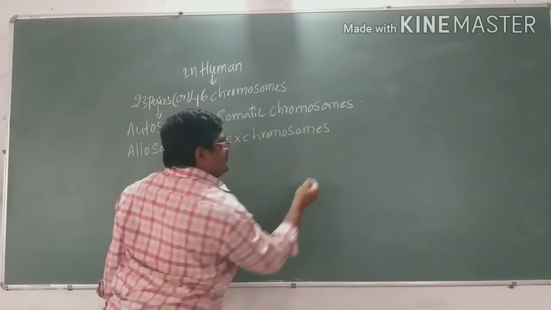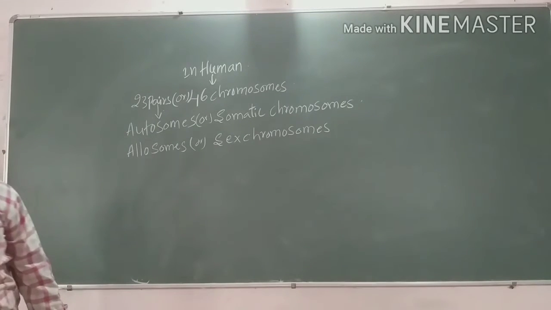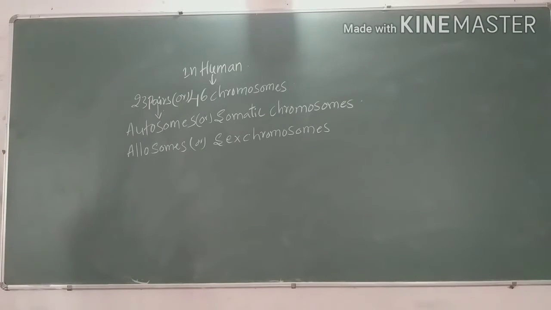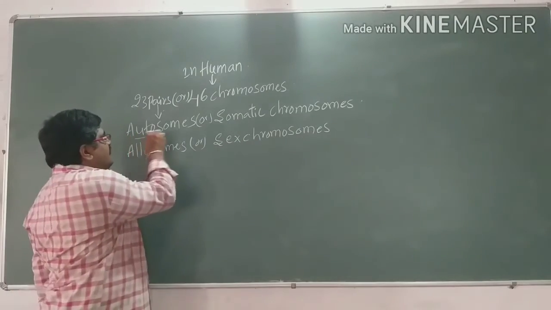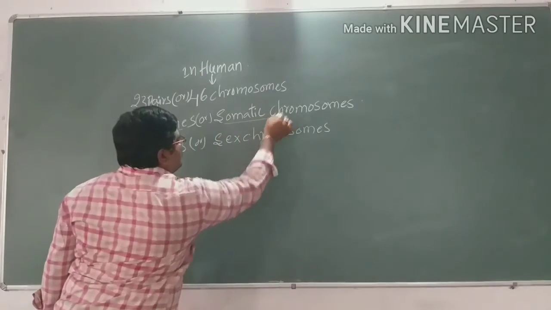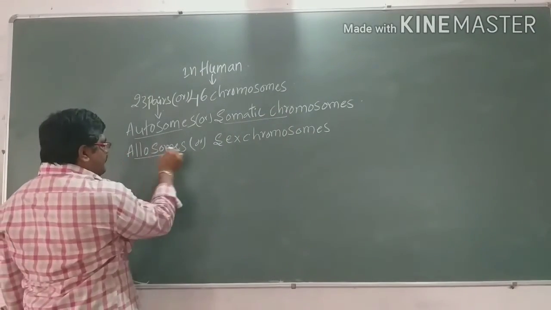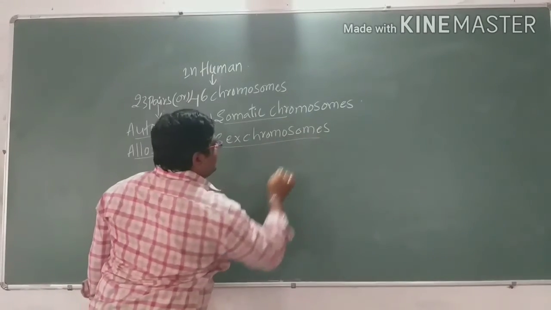So the chromosomes are classified into two types: autosomes, otherwise called somatic chromosomes, and allosomes, which are called sex chromosomes.